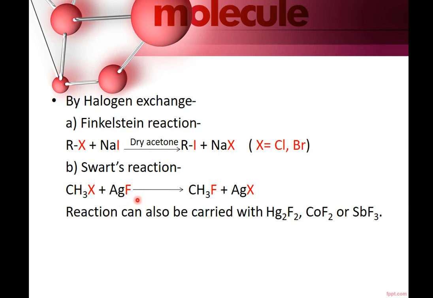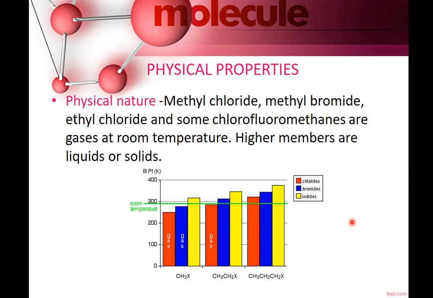You can use any metal fluoride here to form alkyl fluoride, and silver halide will be formed. So you can use any metal fluoride, like mercurous fluoride, cobalt fluoride or antimony fluoride. So these were the methods of preparation of haloalkanes and haloarenes, and now about physical properties.